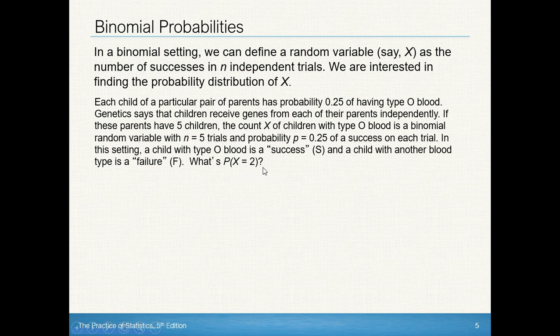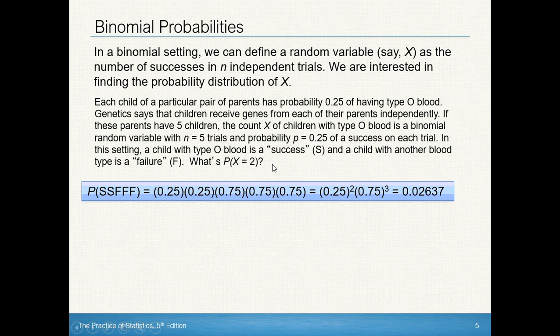What's the probability X equals 2? Well, here's what we've got. If the first 2 kids had type O and the other 3 did not, then there's a 25% chance for the first 2 kids and a 75% chance for the next 3 kids, which could be written more succinctly like this. Multiplied out gives you this number.